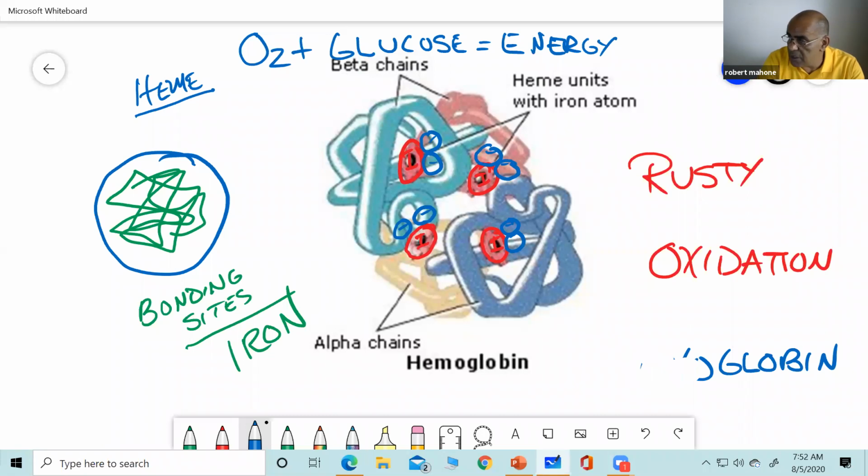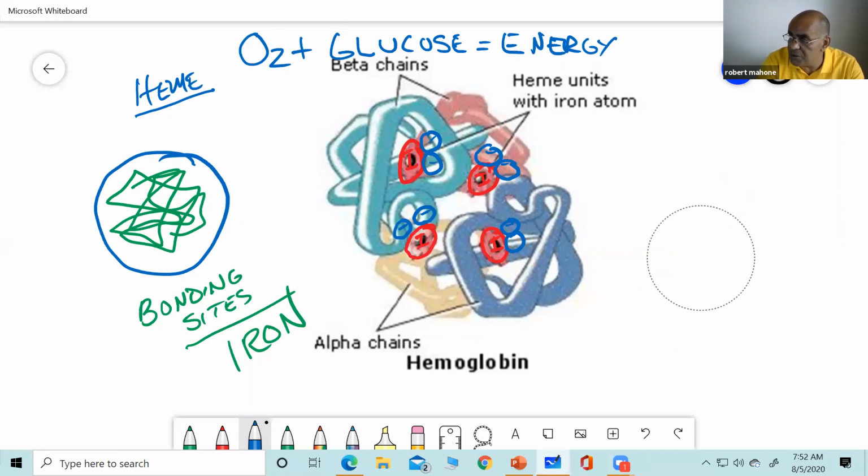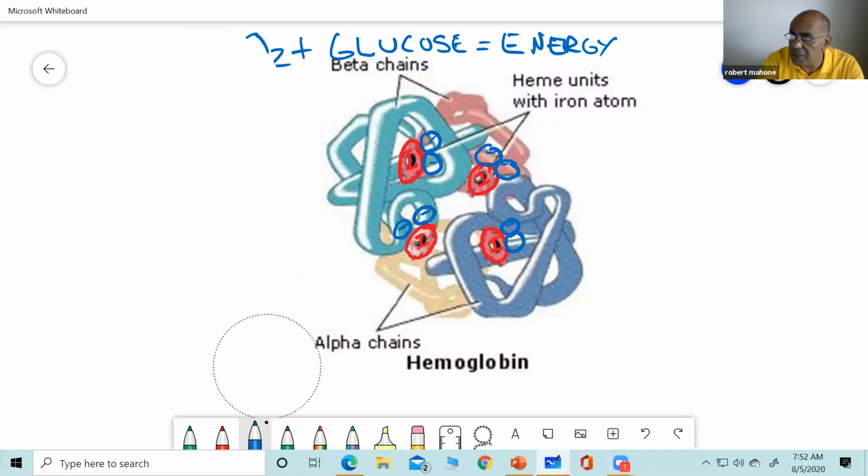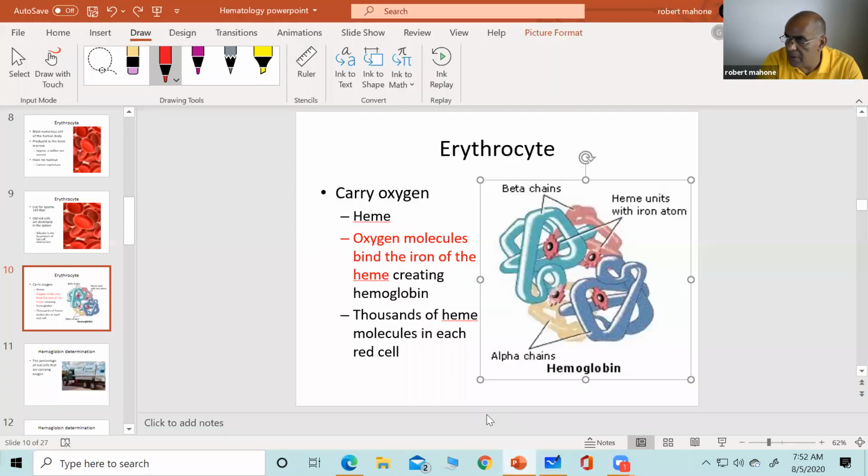All right, so that's what the red cells do for us. They transport oxygen throughout the body in that way by attaching it to the heme molecules inside the red blood cell. All right, so oxygen molecules bound to the iron of the heme.